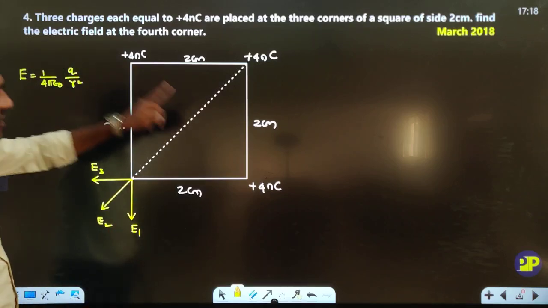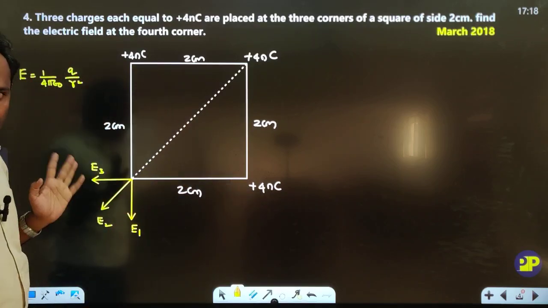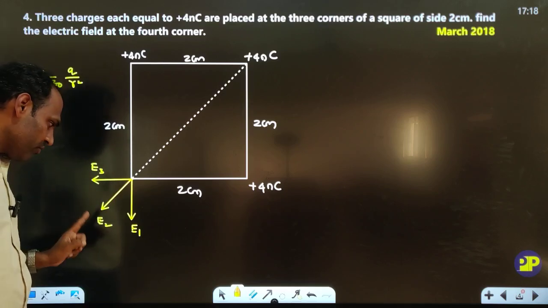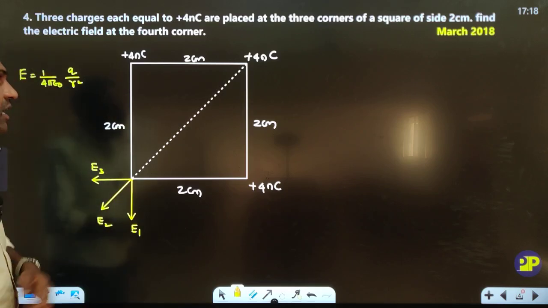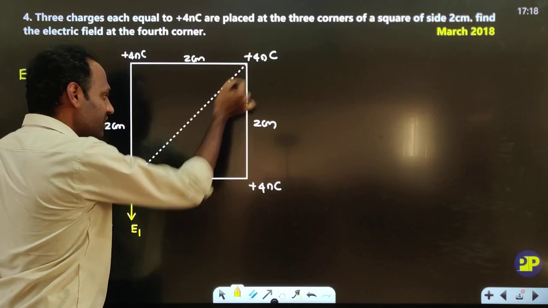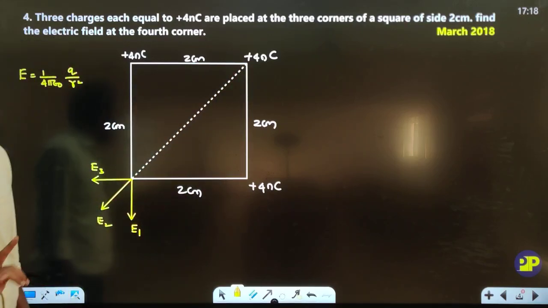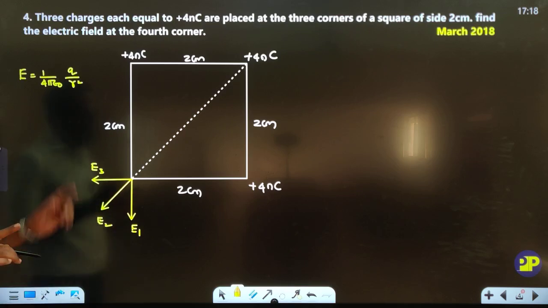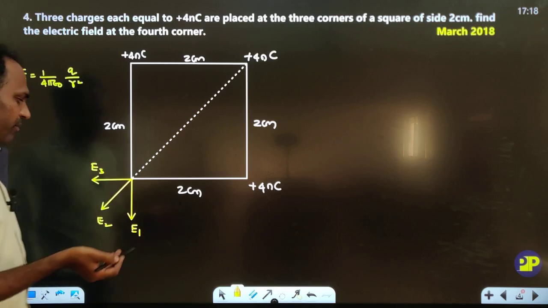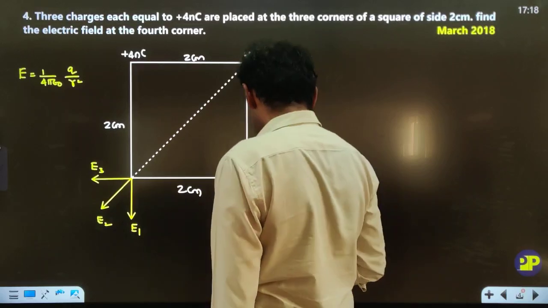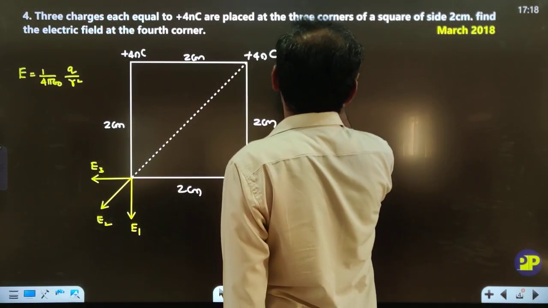So charges are same, distance is same. Hence, E1 and E3 will be equal. What about E2? E2 will not be equal to E1 and E3 because even though the charge is same, the distance will be different. For the diagonal, the distance will not be 2 centimeter. That's why E2 will be different. So you calculate E1 and E3 at a time.